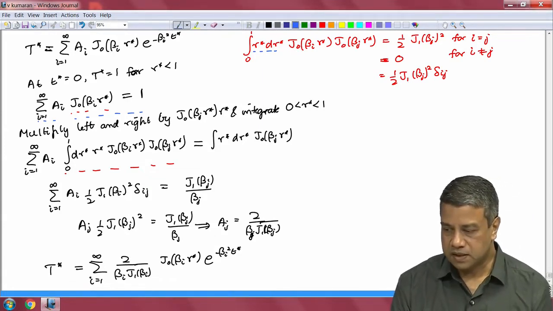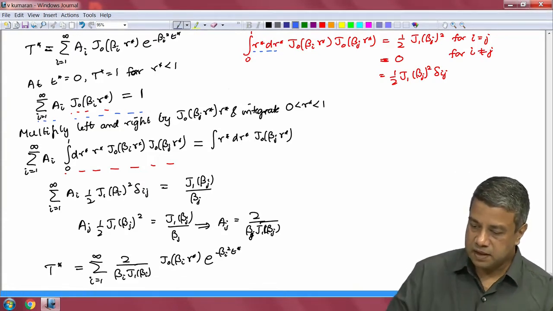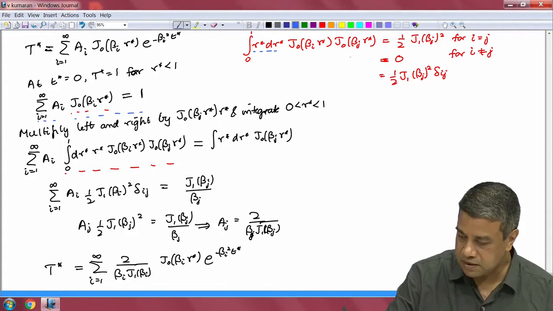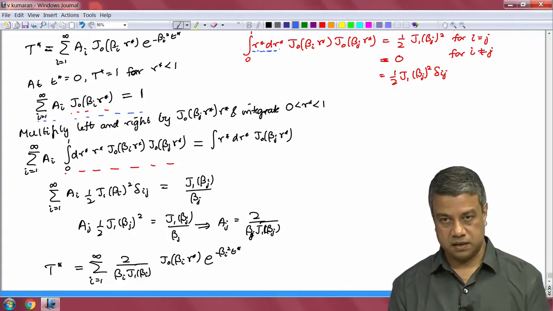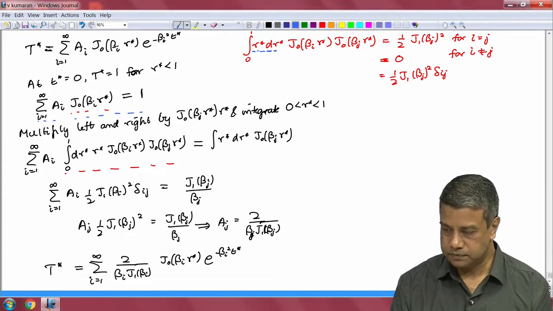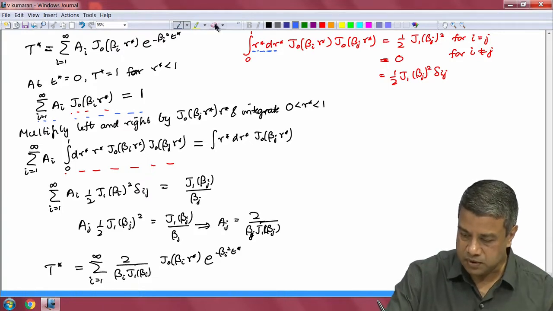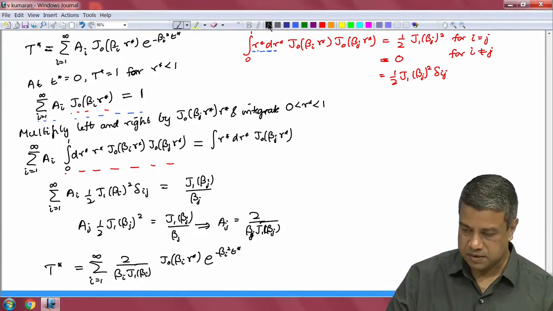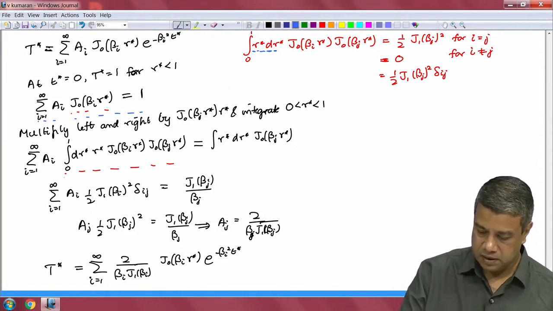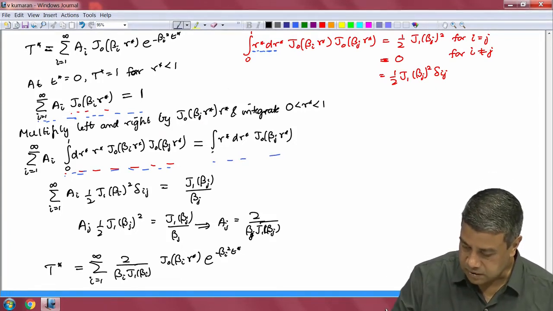So, that condition for the orthogonality relation exists, provided I do the integral of j 0 of beta I r, j 0 of beta j r multiplied by r dr. Since I have this orthogonality relation, I can multiply both sides by j 0 of beta j times r, integrate both from 0 to 1.